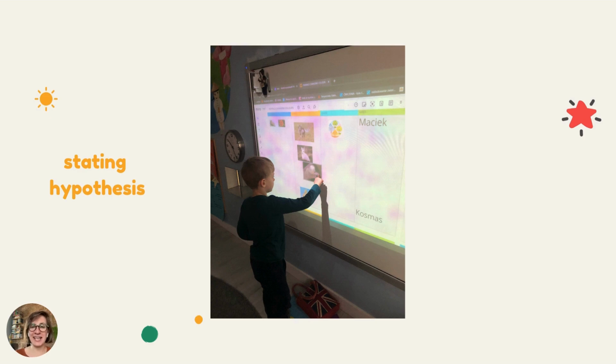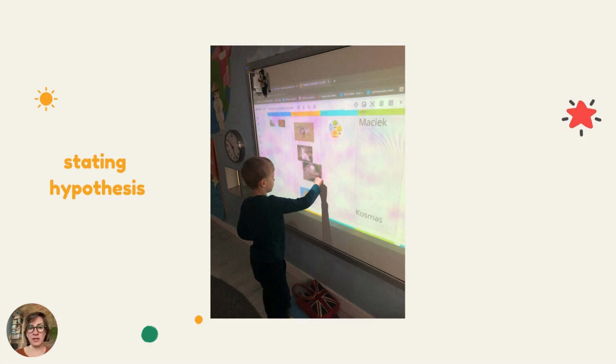So here we can see Maciek and Cosmas. Maciek from Poland, Cosmas from Greece. And their task was to decide whether the four given animals change colors depending on their surroundings or depending on the season. So they were to drag and drop the pictures.